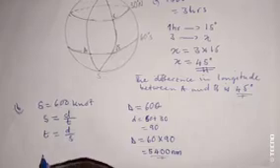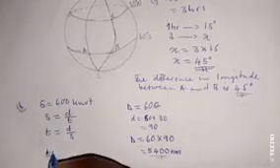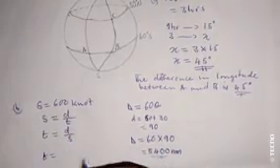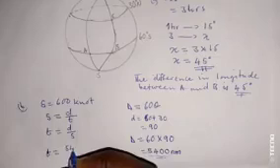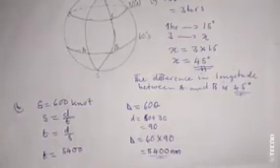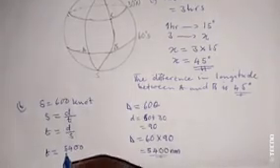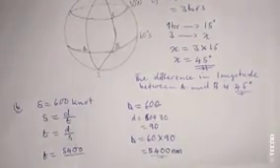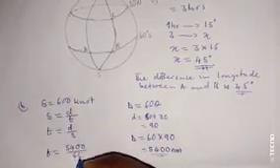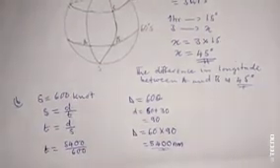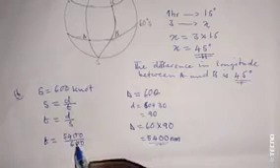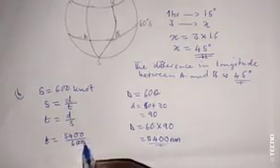It is very simple. T is equal to distance, 5400 nautical miles, over speed, which is in knots, 600, like this. I hope you are clear here. We reduce these zeros.